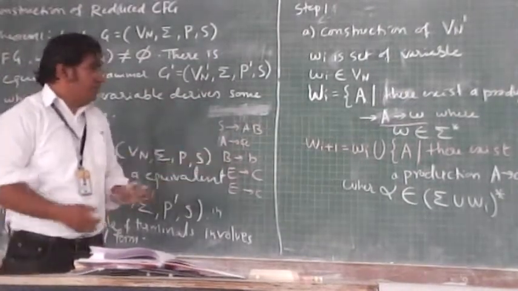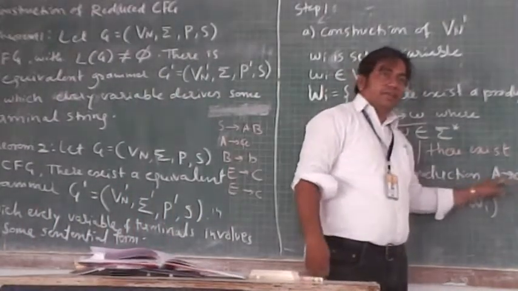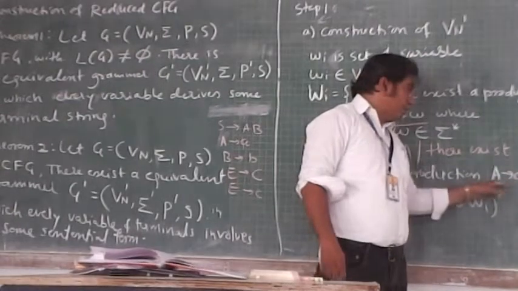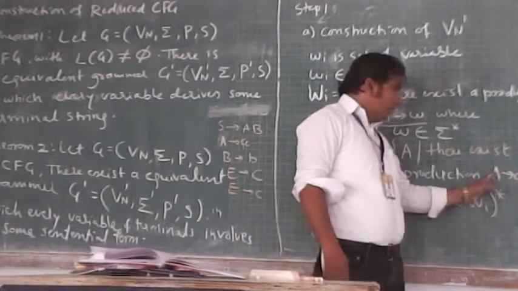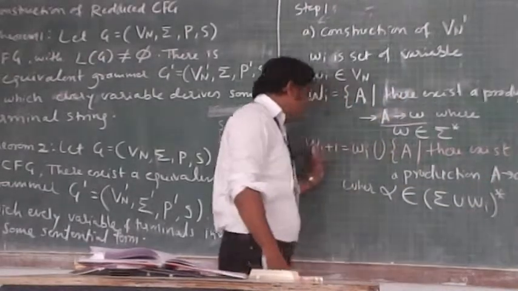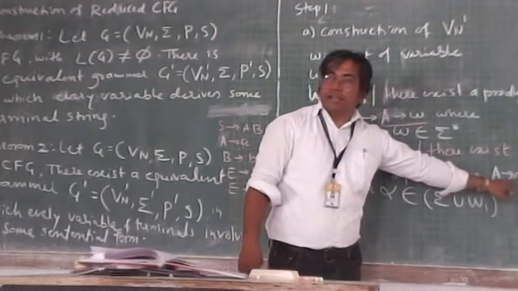Which production satisfies that rule? See, you look at this. A implies alpha. For such a production, the left hand side of such production we are including into WR plus 1, on the basis of how my alpha looks.